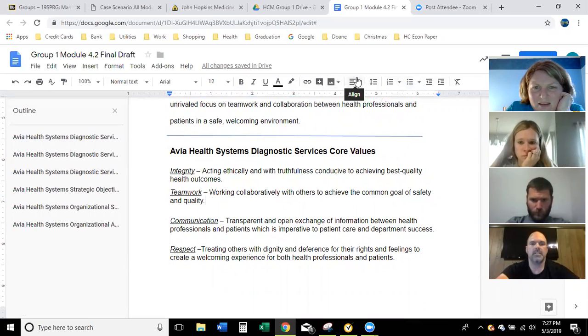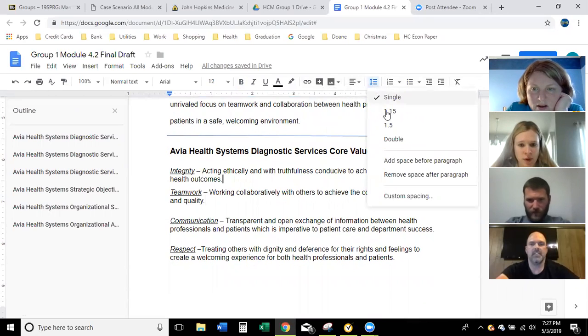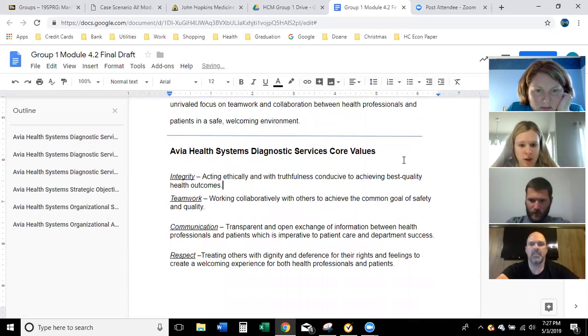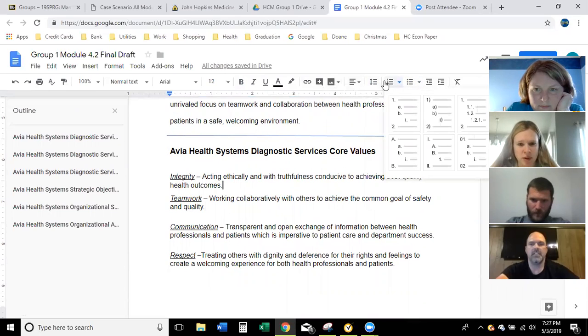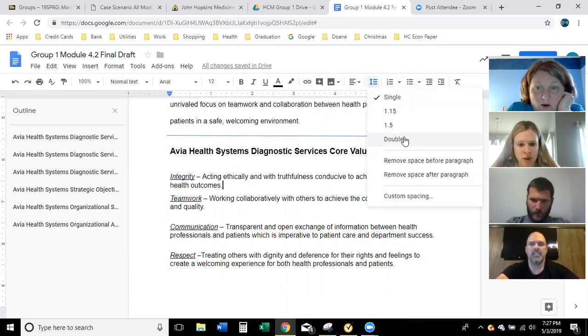Anybody know where the space after is? Line spacing? Oh yeah. I think you might have it double. Oh, here. So let's.